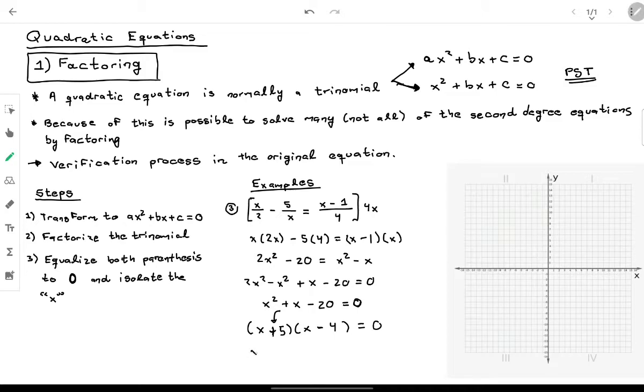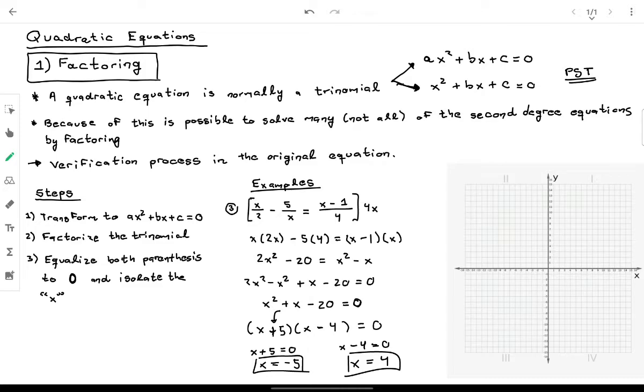So we can put x plus 5 equals 0. We equalize the factors to 0. x minus 4 equals 0. x equals minus 5, and also x equals plus 4. Those are the answers for the specific equation.